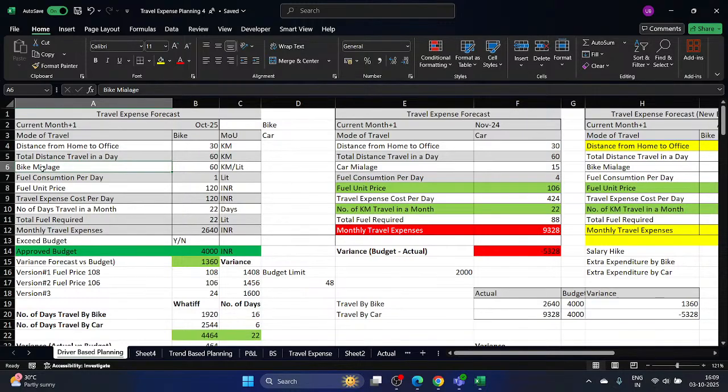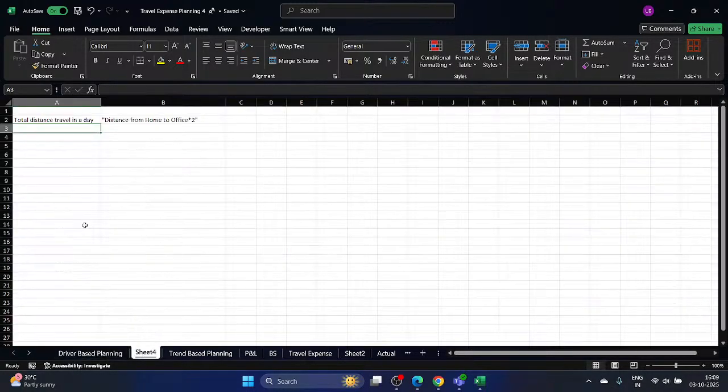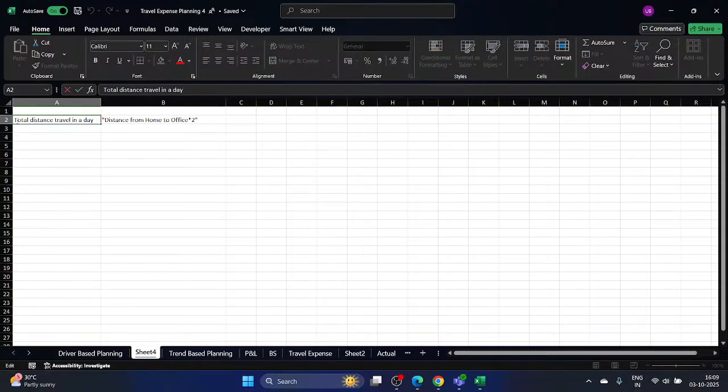So here the bike mileage is a driver. I could say the bike mileage is a driver. Here I will make it bold.